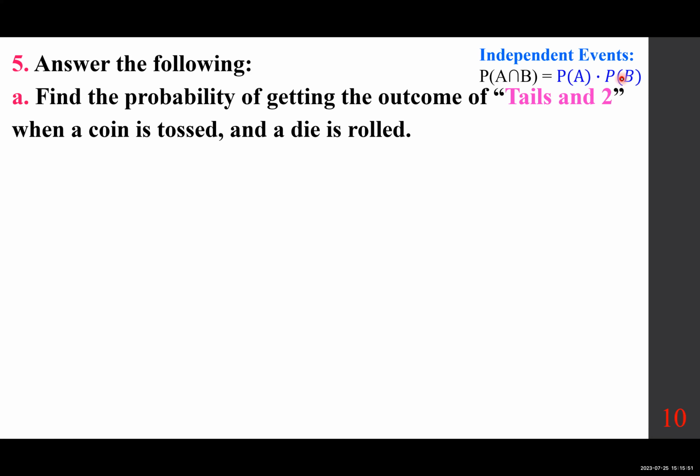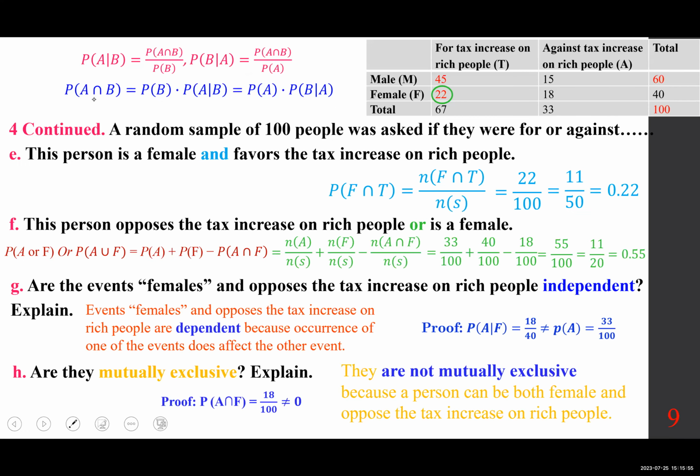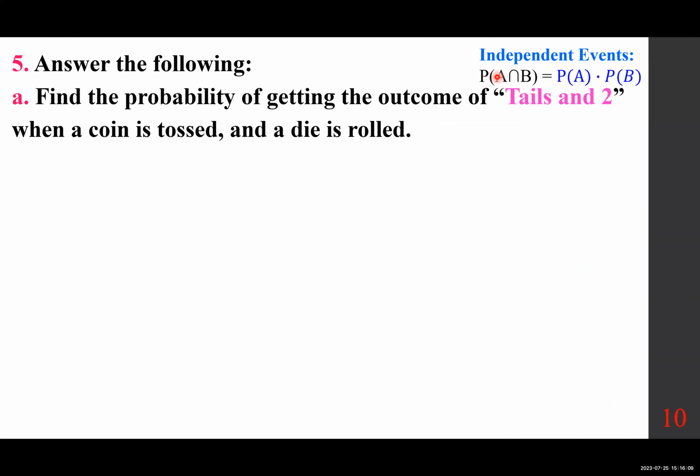I want to make sure we understand that if we go back to the previous page, what we had here, this is the general case. When they become independent, probability of A given B is probability of A, probability of B given A is probability of B, and therefore, if 2 events are independent, probability of their intersection is simply multiply the 2.